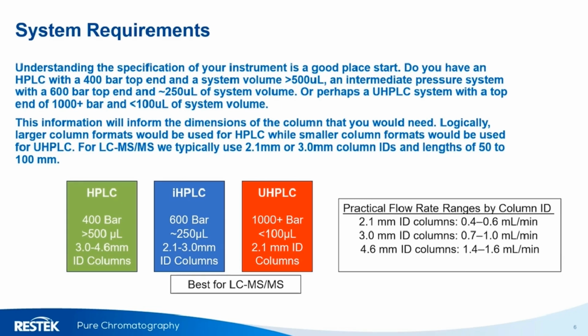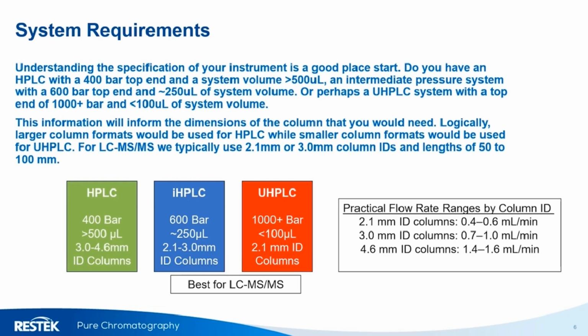Or perhaps you have an intermediate pressure system. These systems are very similar to HPLCs, but they can run a higher pressure, up to about 600 bar, and have lower system volume, maybe around 250 microliters of overall system volume. And those systems prefer 2.1 to 3.0 millimeter ID columns.